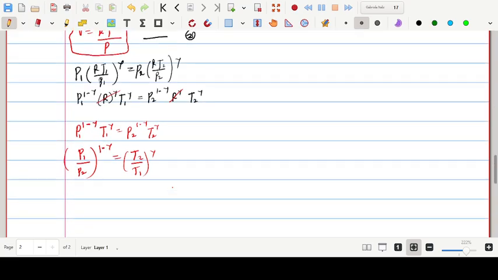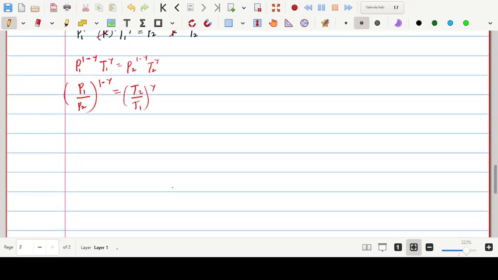You understand? So we finally have this. If you want to change it to reciprocal, it becomes T1^gamma P1^(gamma minus 1) equals T2^gamma P2^(gamma minus 1). So both equations are valid.